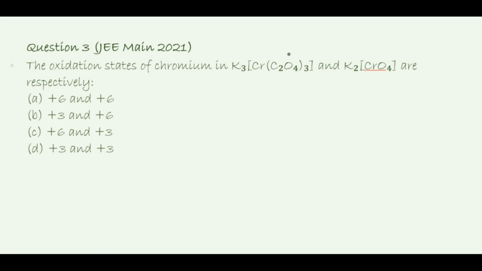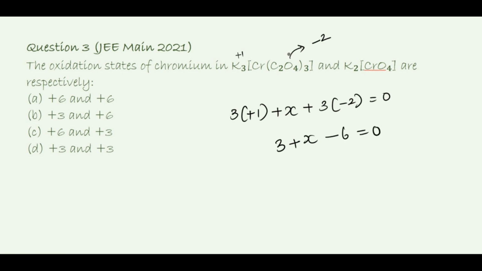Potassium's oxidation state is always +1, and C2O4, oxalate, has an oxidation state of -2. So 3 into +1, plus X for chromium, plus 3 into -2, is equal to the overall charge, which is 0. Then 3 plus X minus 6 equals 0, X equals 6 minus 3. So X becomes +3.